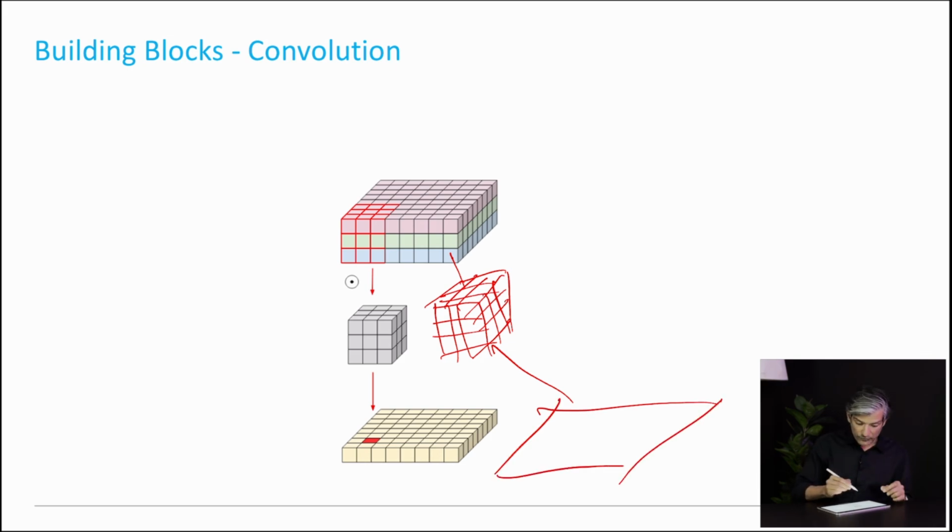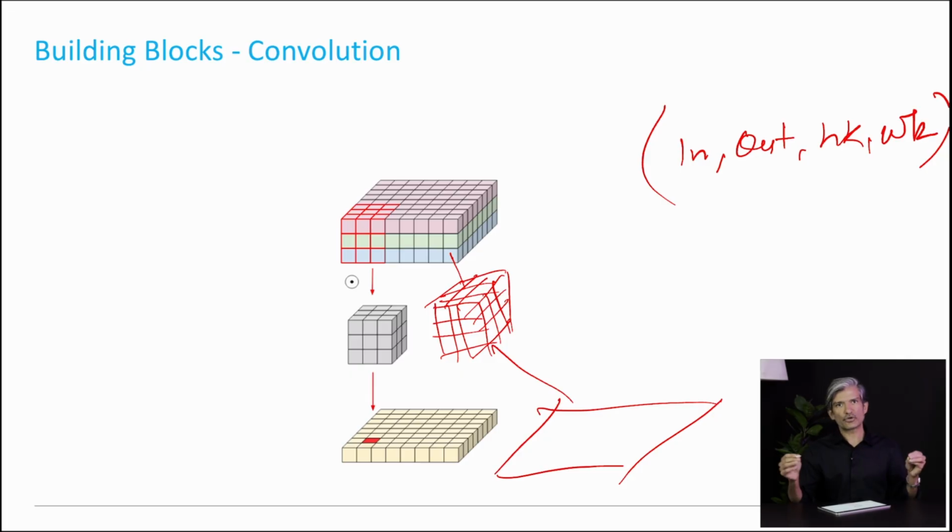But the size of your filter is number of input channels, number of output channels, and then the height of the kernel and the width of the kernel, right? So this is the size of your weights. It's a 4D tensor, and so we have so many trainable parameters in our convolutional layer.